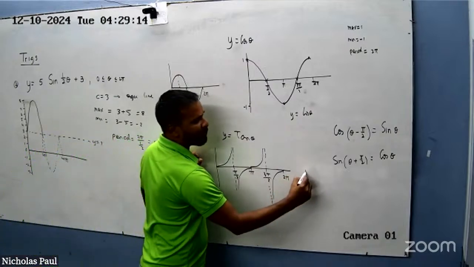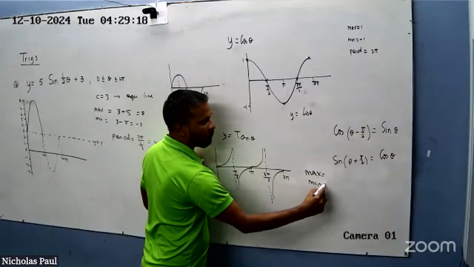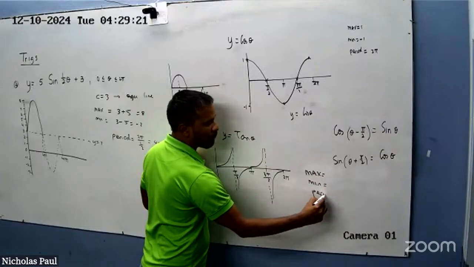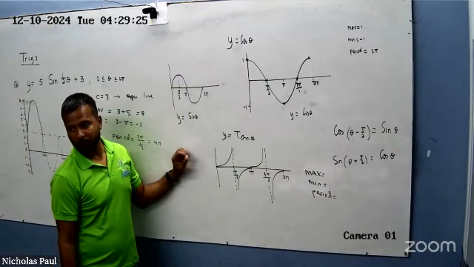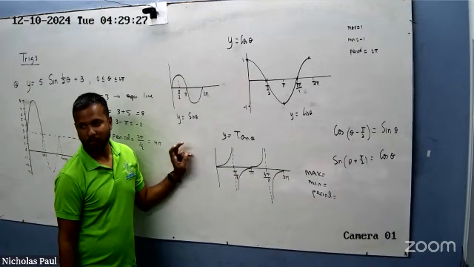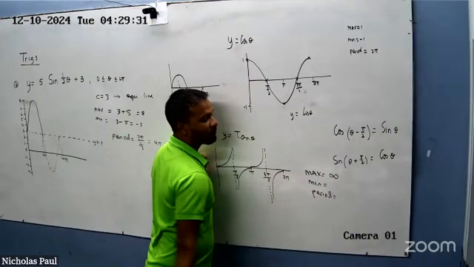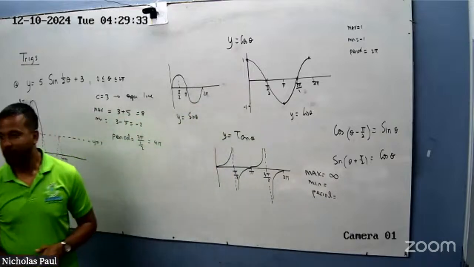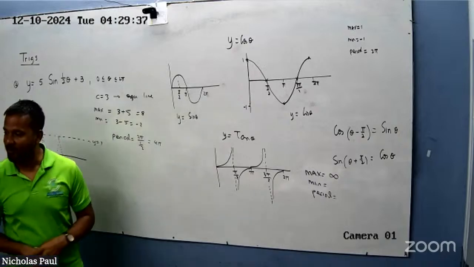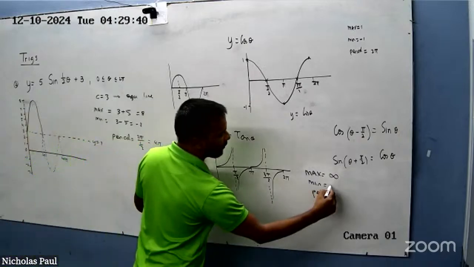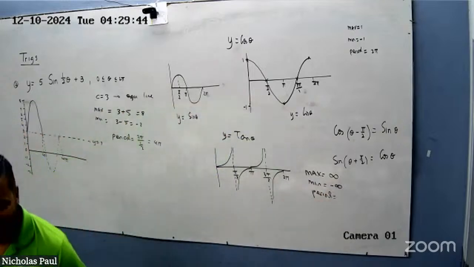What do you think is the maximum value here? Maximum value is infinite. What's the minimum value? Negative infinity. And last one.